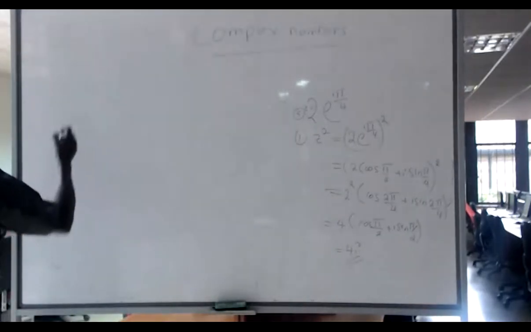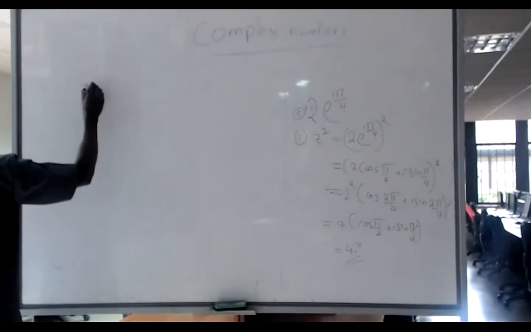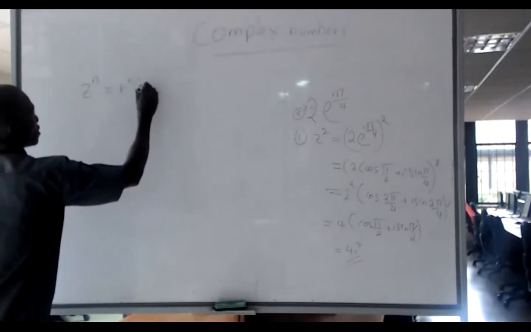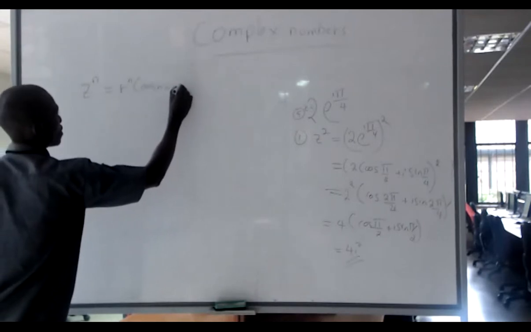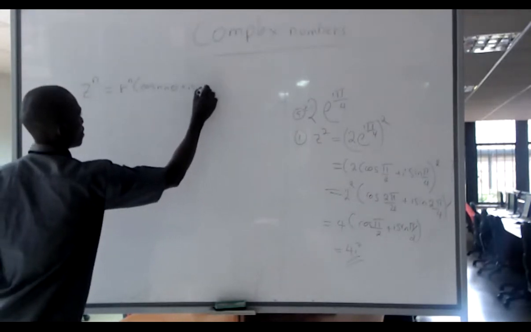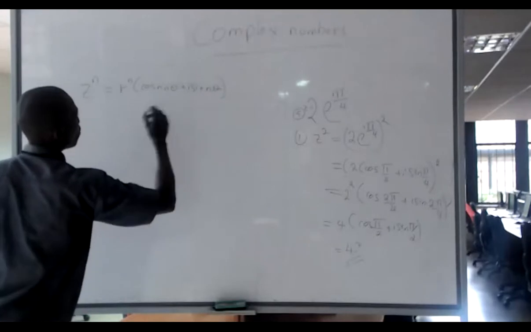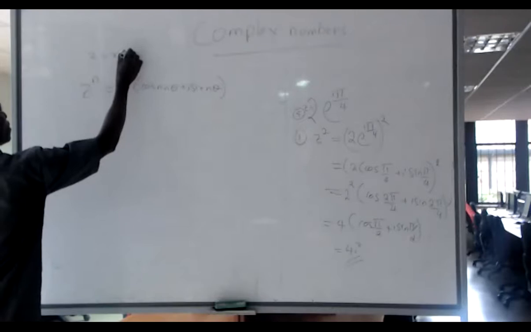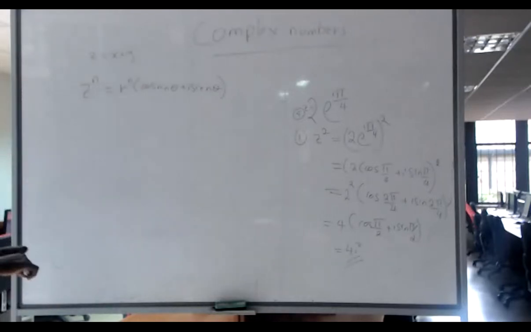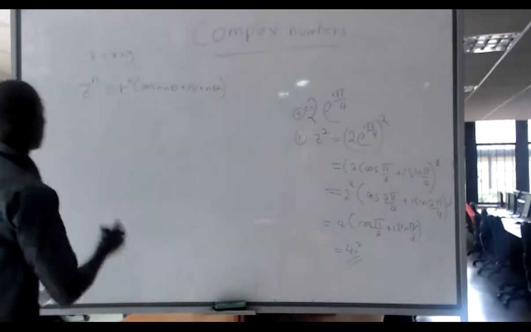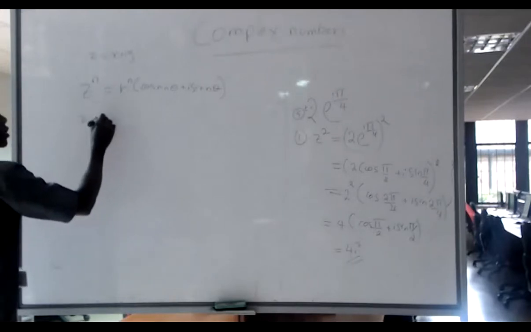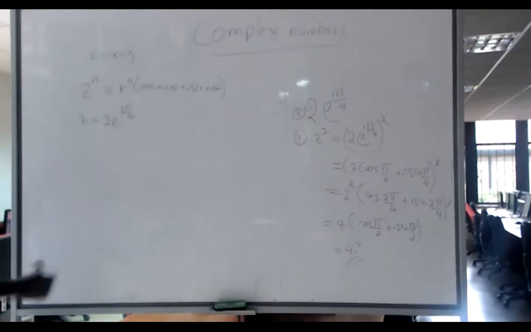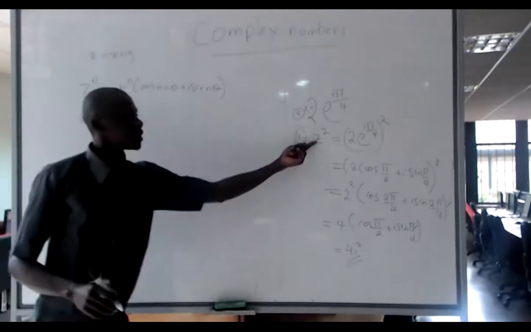Let's do it again. So we have the De Moivre formula that z to the n is the same as r to the n, cosine of n theta plus I sine of n theta. This is the formula we're using, where of course z is x plus iy. We've been given the number z as 2 exponent I pi divided by 4. Then we're asked to find z squared.